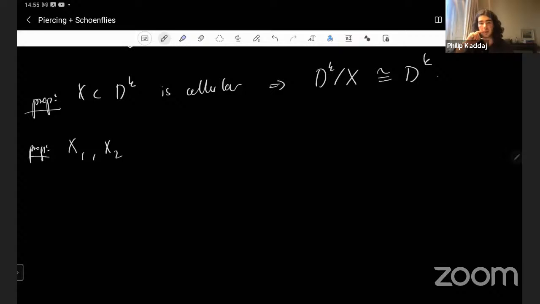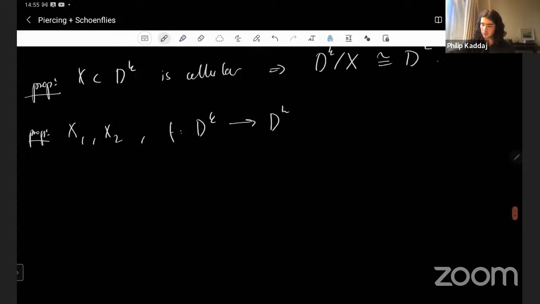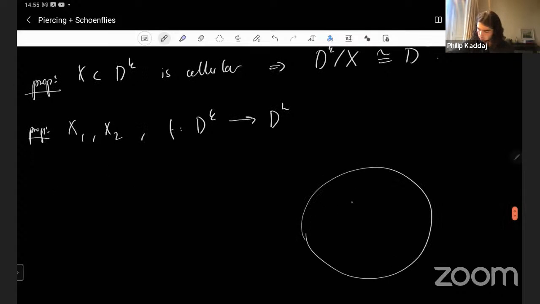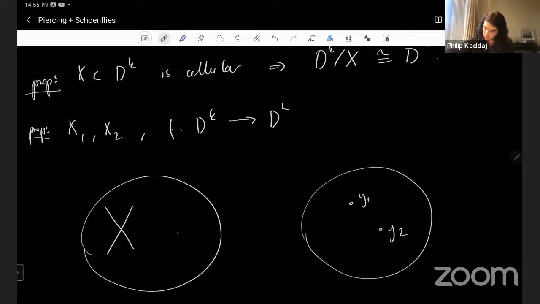then the same is true. That is, if we have a map from Dk to Dk such that X1 and X2 are the unique inverse sets, then they're both cellular.